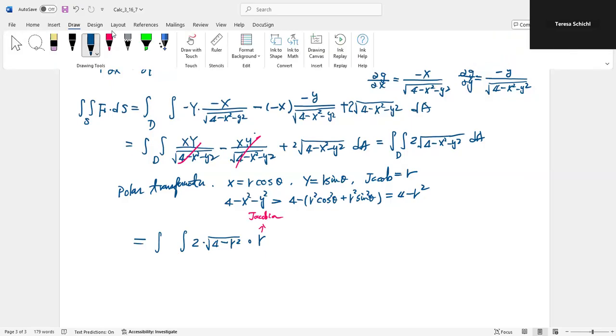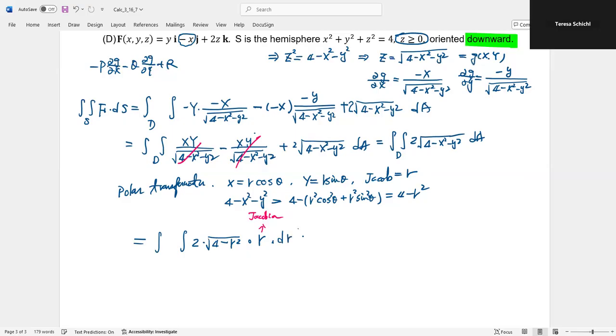Now I can change it to dr d theta. So what is the r here? The radius is from 0 to what? 0 to 2, right? And then what is my theta here? My theta is from 0 to 2 pi.